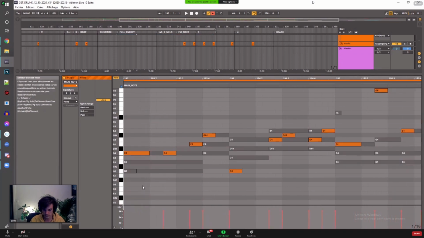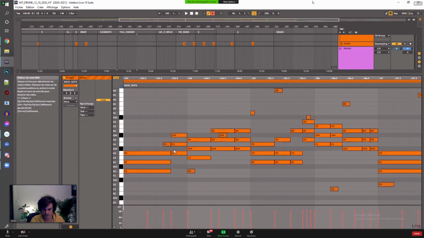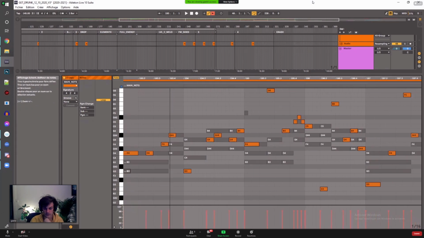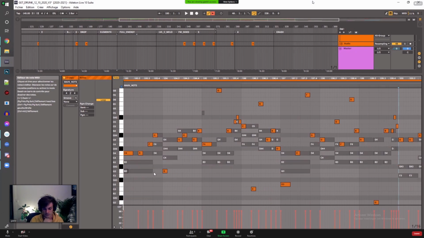If I were to use the root notes, I would have used G, G, B, then I would have used the D, but then I used a different note of the triad, which gives me room for the FM patches to play on the root note of the chord. So the FM patch and the melody, even if they play in the same octave, won't play the same note precisely. They will play in harmony and not in unison on the same note.